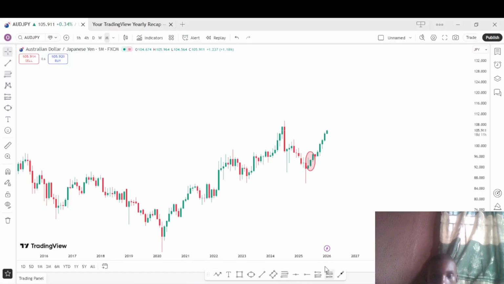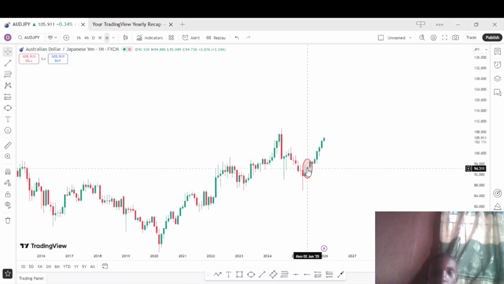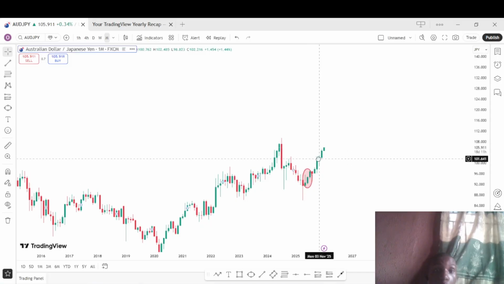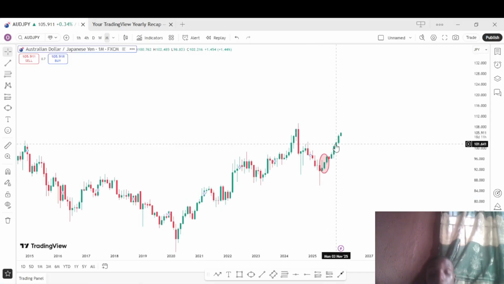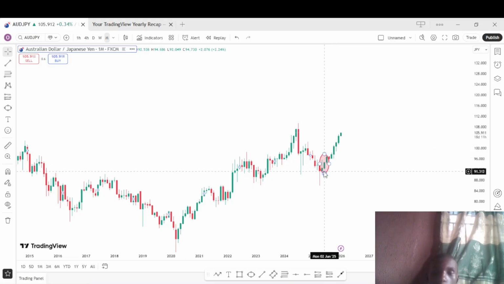So it's the three white soldiers that just formed on the AUD JPY. What this is trying to tell us is that the next couple of months or weeks, depending on when you are watching this video, will be bullish.